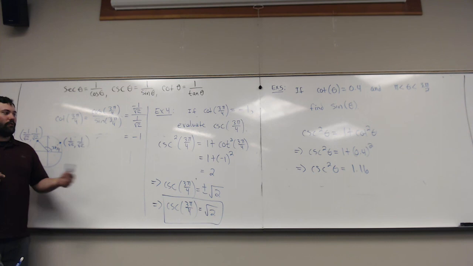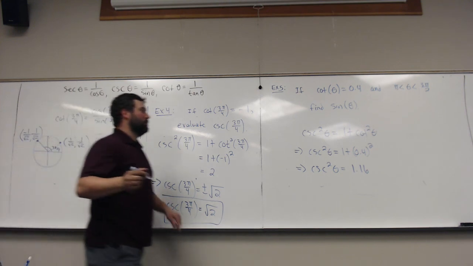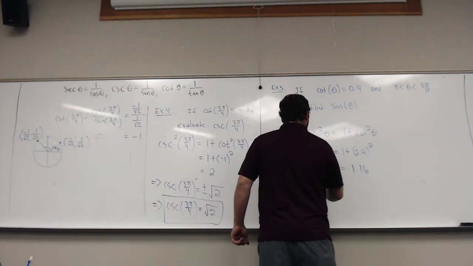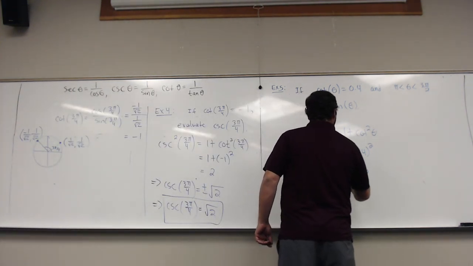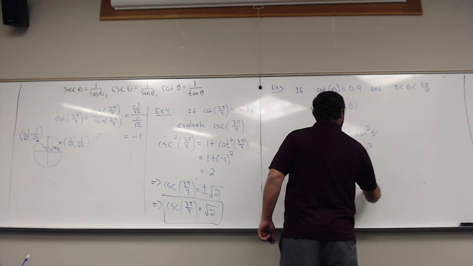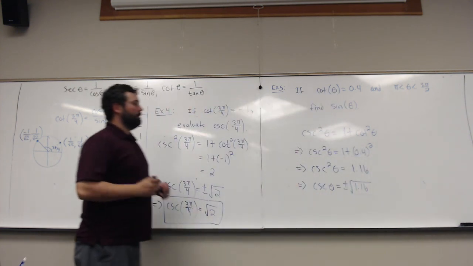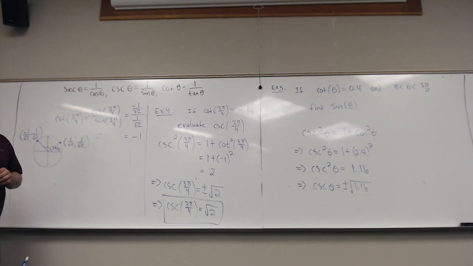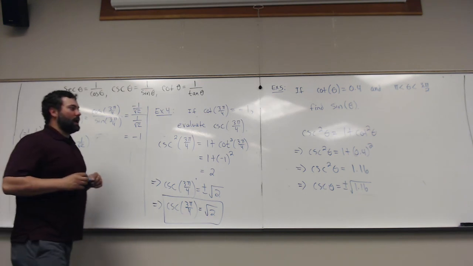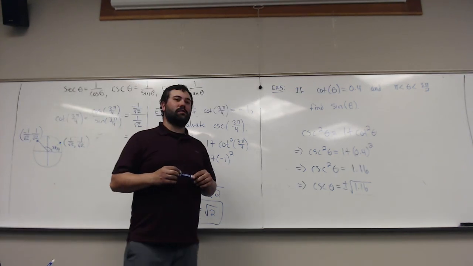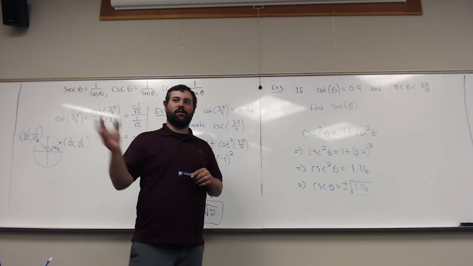And then just like before, to undo the square, we apply a square root to both sides. So cosecant theta is plus or minus the square root of 1.16. Okay. Now sine and cosecant have the same sign because they're reciprocals of each other.